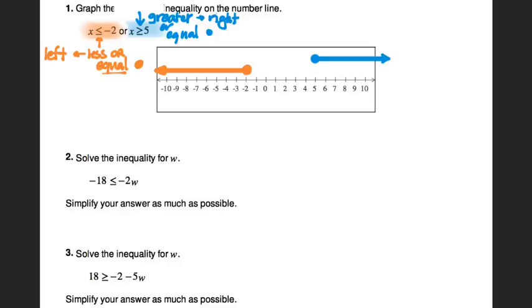I want there to be a single answer. So how am I going to take these two sets, the orange set and the blue set, and combine them together into a single set? What is that single set going to look like? What should I be shading if I want my answer to include the result of ORing together x is less than or equal to -2, or x is greater than or equal to 5? What do you think? What are some possibilities?